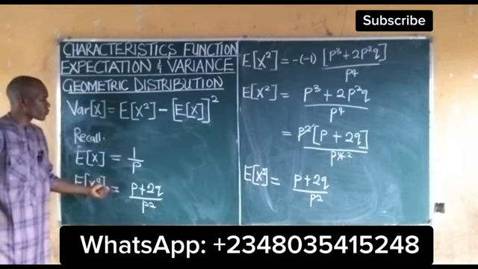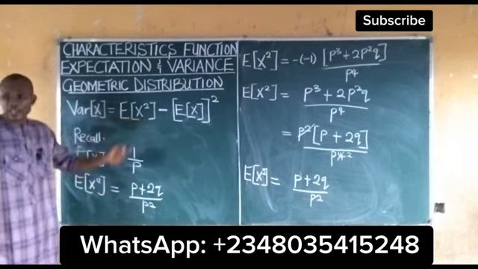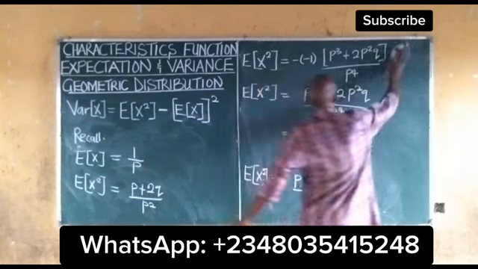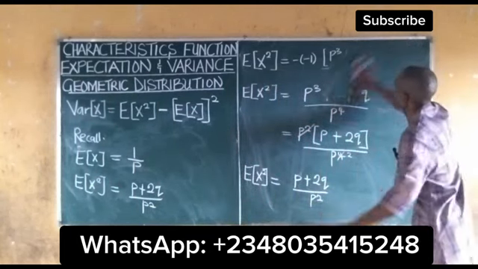So all we need to do is just to substitute this into the variance formula. So for us to do that, we move over to this side of the board.